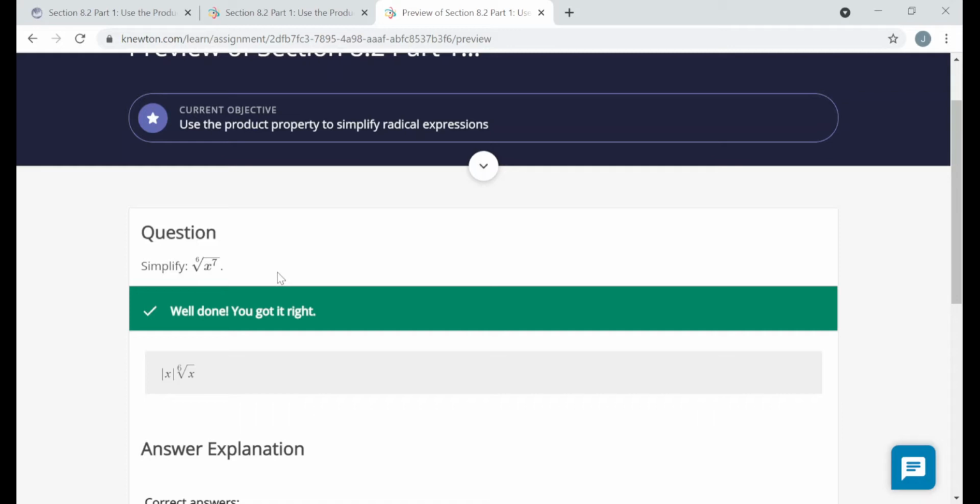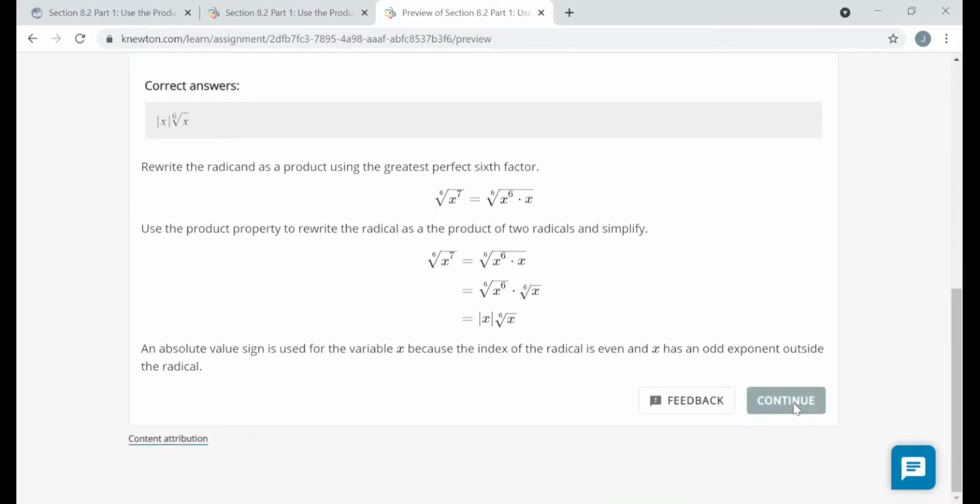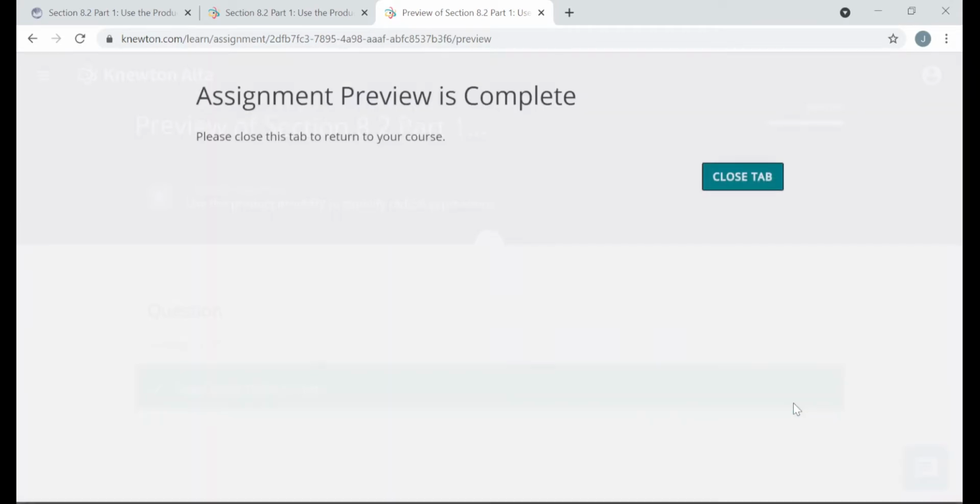You'd break it up into perfect third powers, with powers that are multiples of 3, 3, 6, 9, 12, and so on, times not perfect third powers, and then break it up using the product property and simplifying. And you wouldn't have to worry about absolute value symbols with an odd power. All right, and that should be it for this version of the assignment.